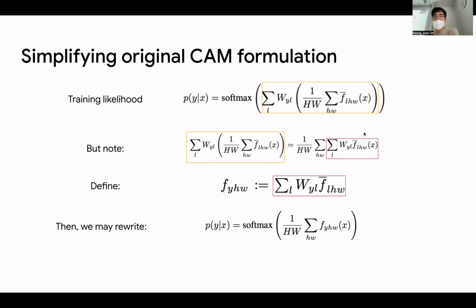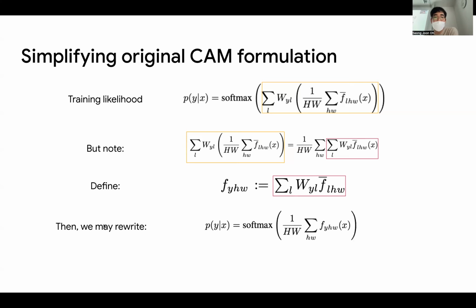So in other words, you do linear matrix multiplication for W first, and then do global average pooling. It's the same thing. And now we define the results of this linear matrix multiplication as F of Y HW, where Y is now running through the classes. Okay. Yeah, this is possible, right?